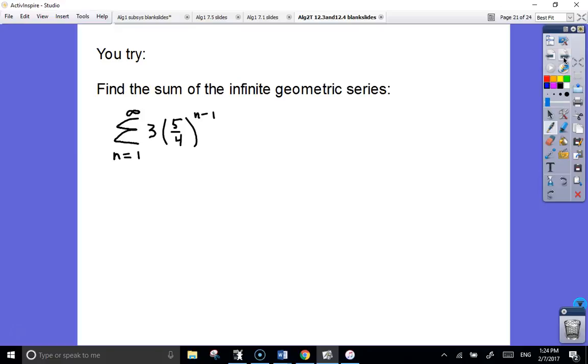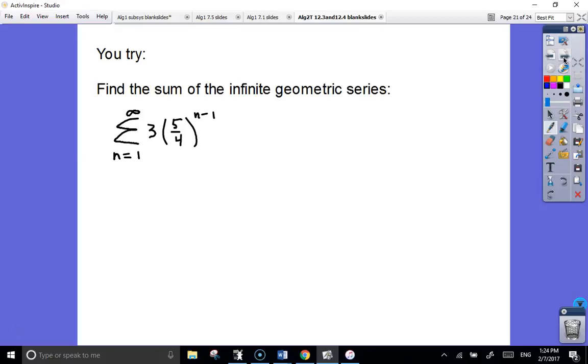What's the value of R? It's bigger than 1. You can't use the formula. There's just no sum. You've got to look. It's the first thing you've got to tell. If it's in the summation notation, if the R is greater than 1, you stop. If it's like the terms written out, if the terms are getting bigger, you stop, because it won't have a sum. So you've got to catch yourself on that.